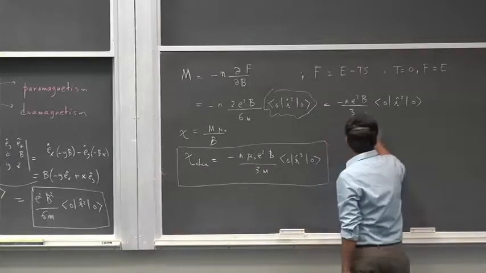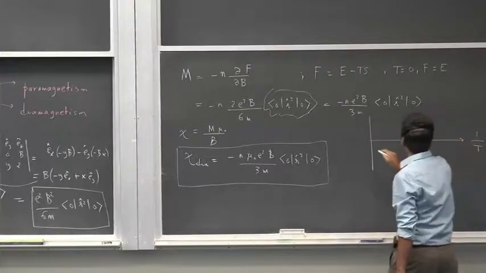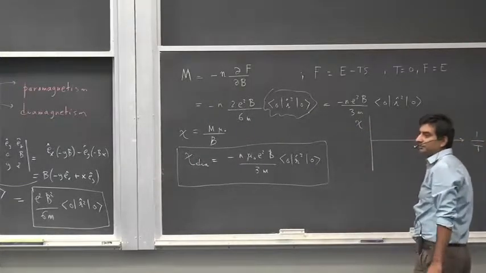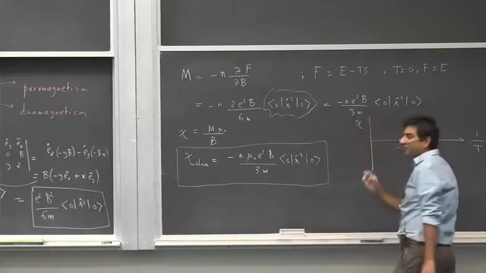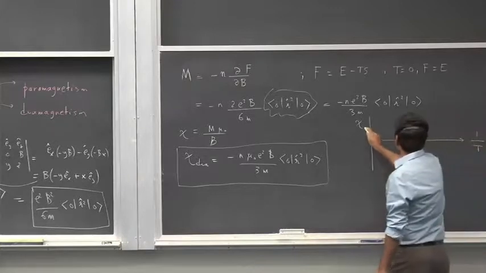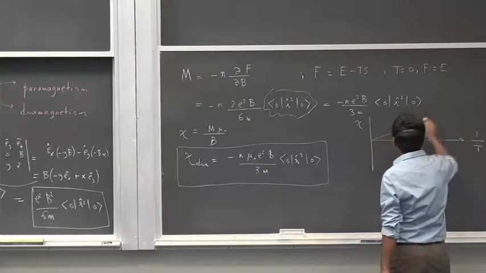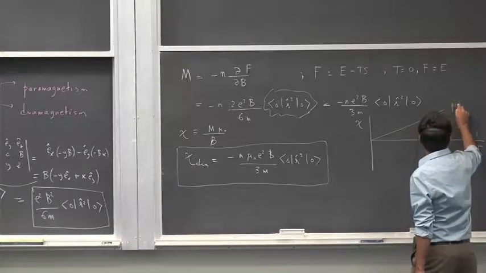So if I were to make a plot of the susceptibility versus 1 over temperature, for paramagnetic materials we know that chi is inversely proportional to temperature, Curie's law. So this will give us a straight line, positive for paramagnets.